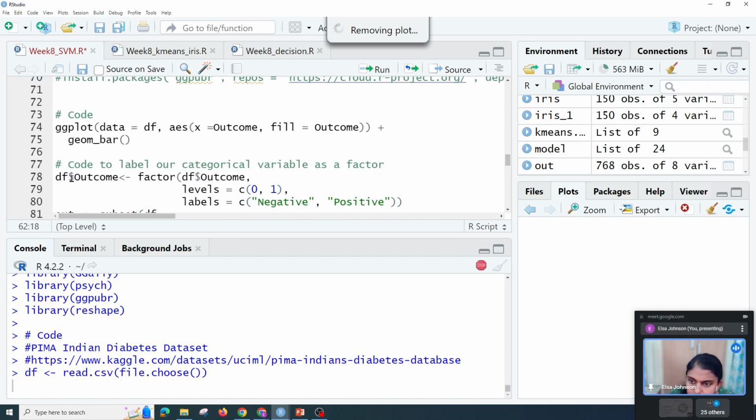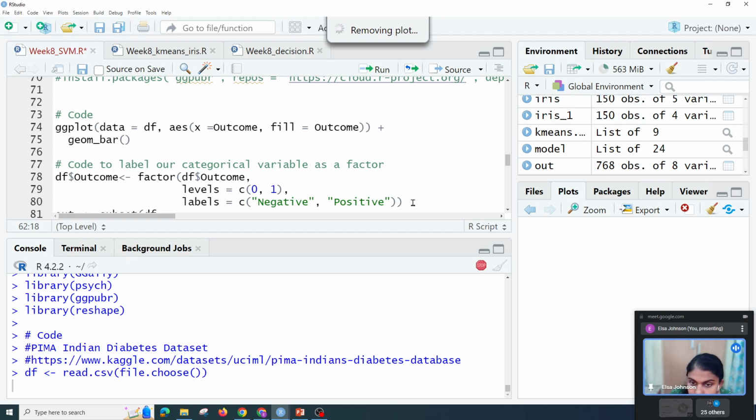Okay, so you had seen in an earlier plot that the outcome had different values: about 400 were negative and about 270 were positive. So what you can do is resample, which is known as oversampling or undersampling.